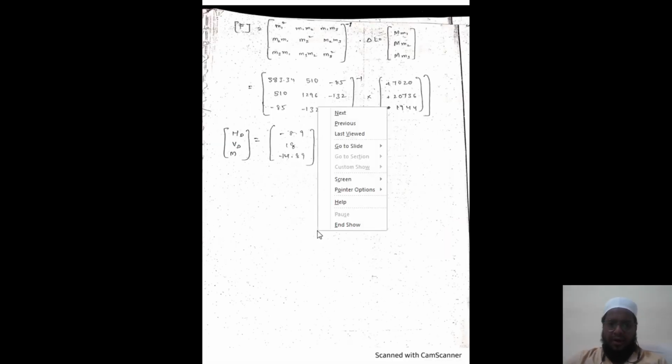Next we'll go for another calculation part, that is this one. Again, this matrix is very important. So how to take this one? You see here M1 square, M1 M2, M1 M3. Then M2 M1, M2 square, M2 M3, M3 M1, M3 M2, and M3 square.